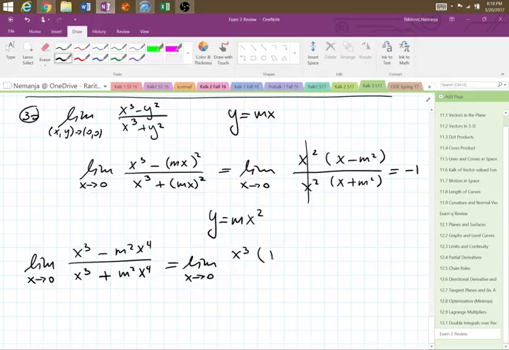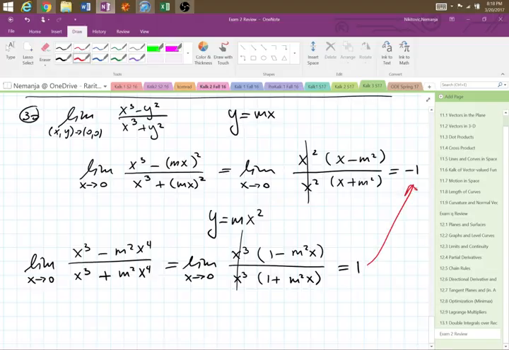We are left with (1 minus m squared x) divided by (1 plus m squared x). And then these guys cancel. And look what I get now as I substitute 0: 1. Not the same.